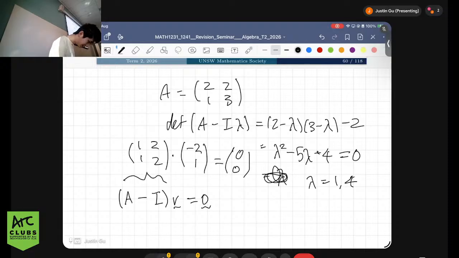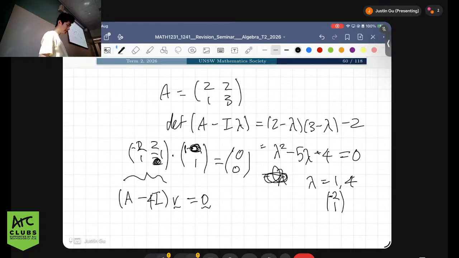So the eigenvalue 1 has eigenvector negative 2, 1. I can do a similar thing for 4, right? If I calculate A minus 4I, I get negative 2, negative 1 here. So I see directly that 1, 1 is also in the kernel of that. So 4 has eigenvector 1, 1 corresponding to it.